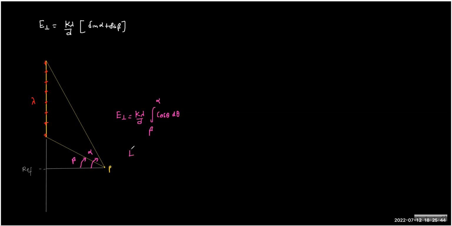And therefore, the E perpendicular formula will change slightly, and it will become sin alpha minus sin beta. So this is the generic formula, because if you substitute beta equals minus beta, you will get the earlier answer. Understood? So the E perpendicular, this is the way one should remember it.